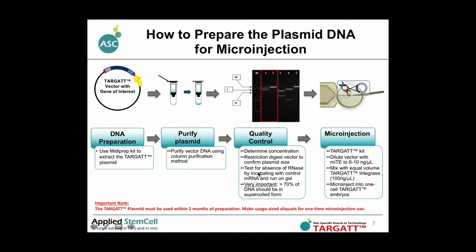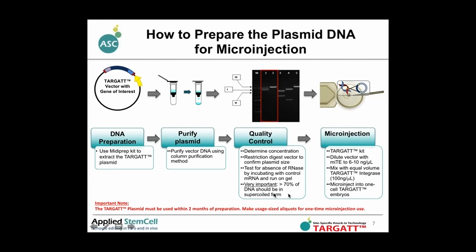It is also important to test for absence of RNase. This is because the integrase that's microinjected into the embryos is in the form of mRNA, so it is crucial that the DNA prep, or any other reagents, do not contain any RNase.